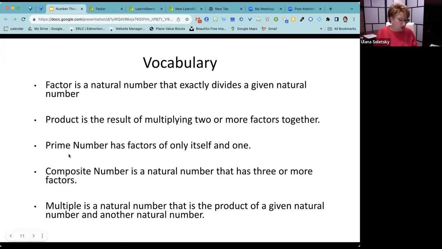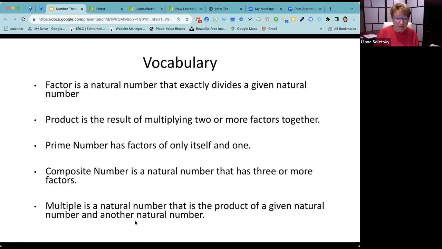I'm going to show you activities that you can use to find prime numbers. A composite number is a natural number that has three or more factors. Again, a natural number is any number from one, a positive whole number, one and more. And a multiple is a natural number that is a product of a given natural number and another natural number.